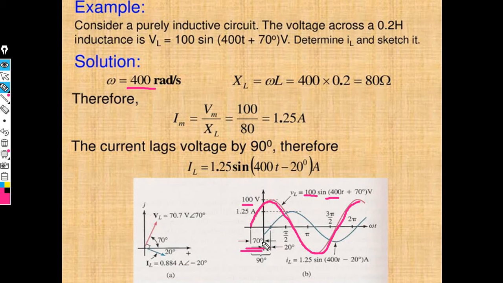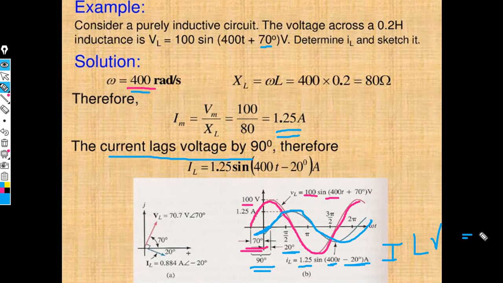The current waveform starts from negative to positive, as current I lags the voltage by 90 degrees. The total angle is 90, but 90 minus 70, because we have considered lag, gives an angle of 20. So IL equals Im sin(400 t minus 20), and current I lags the voltage by 90 degrees.